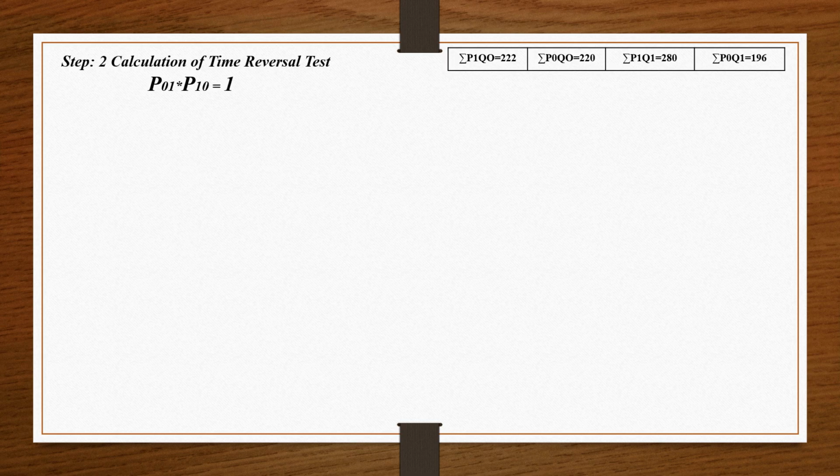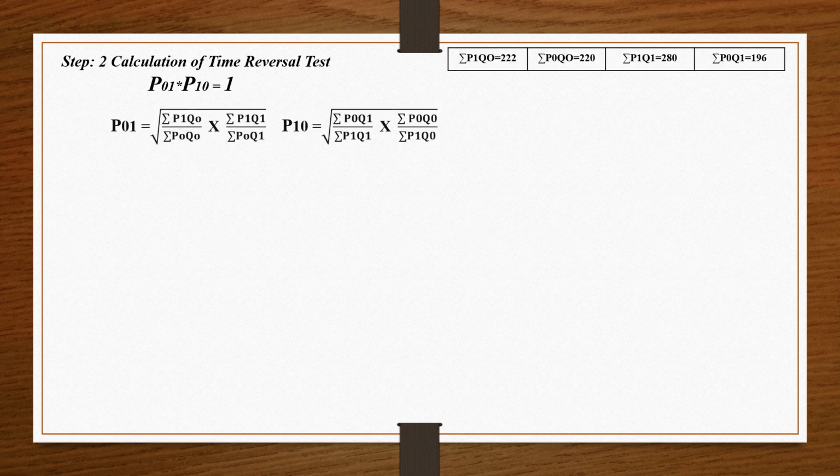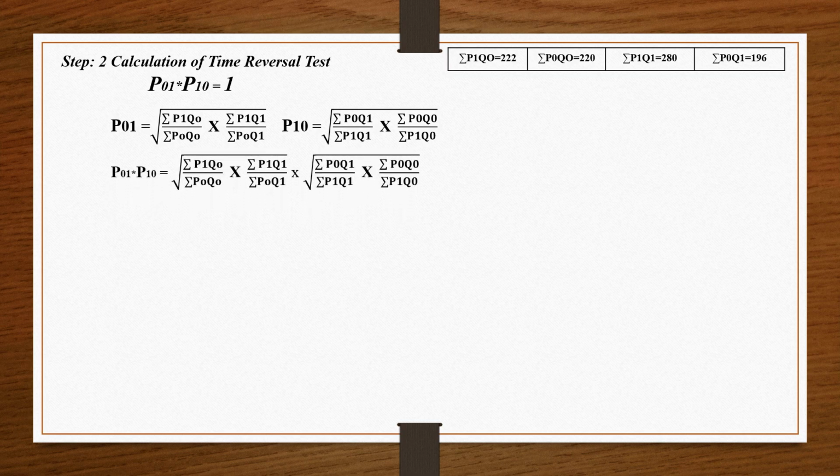First one is calculation of the time reversal test. According to this test, we have to prove that P01 into P10 is equal to 1. The formula for P01 and P10 is repeated, so I will not repeat it.